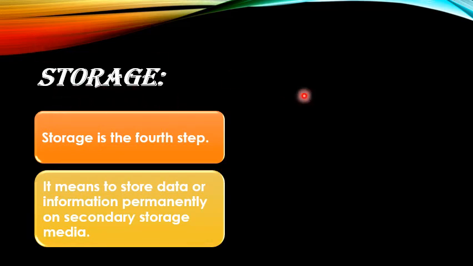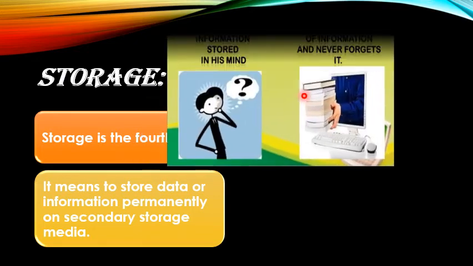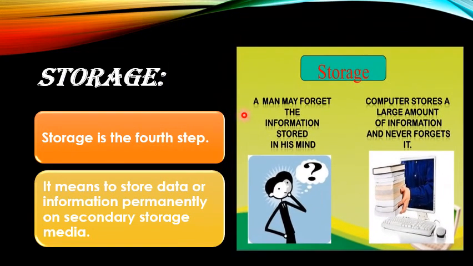So what kind of things can we store, or how can we make the memory of our computer? Here is an example in front of you: man may forget the information stored in his mind. Sometimes we forget the things which are in our mind, we forget the moments as well. But if we talk about computers, a computer stores a large amount of information and never forgets it.